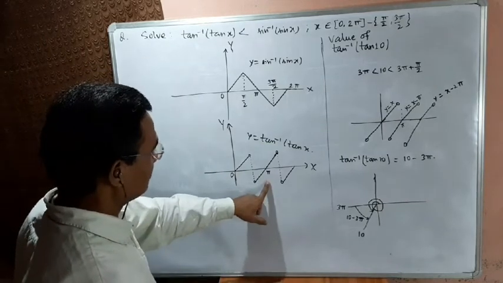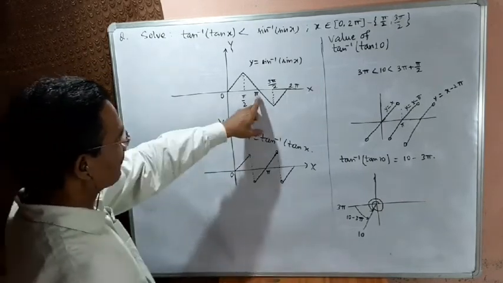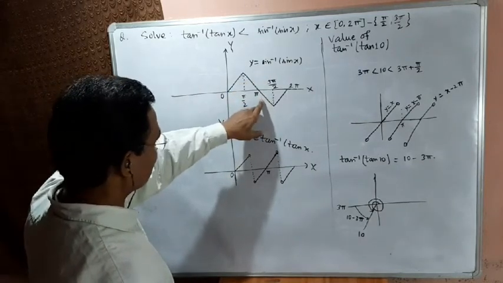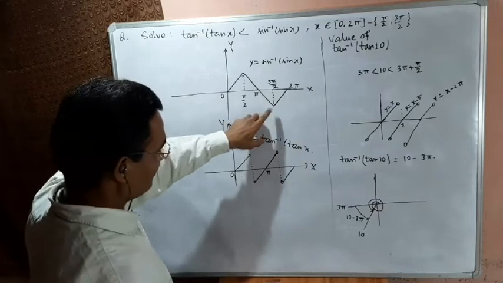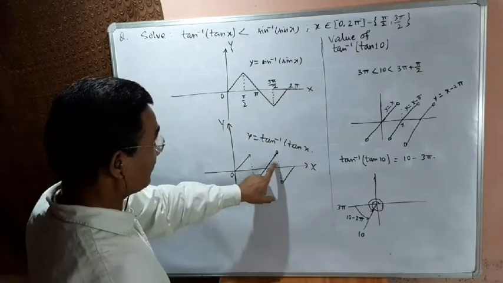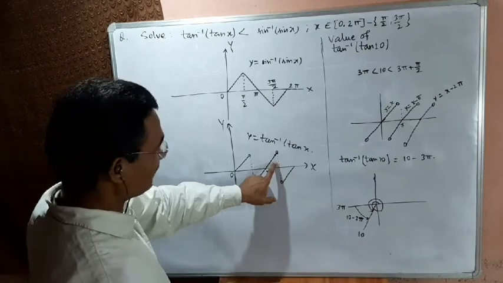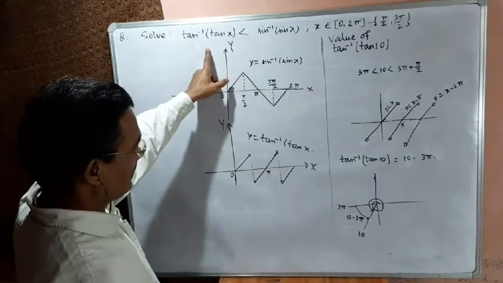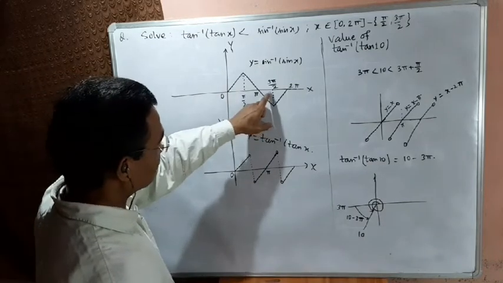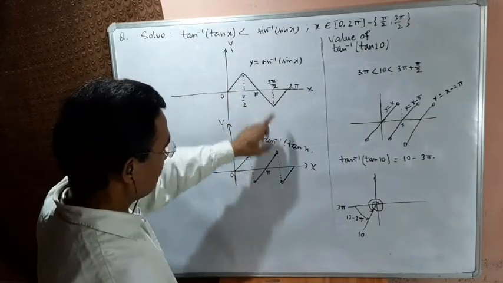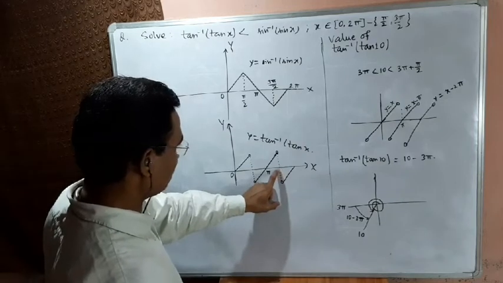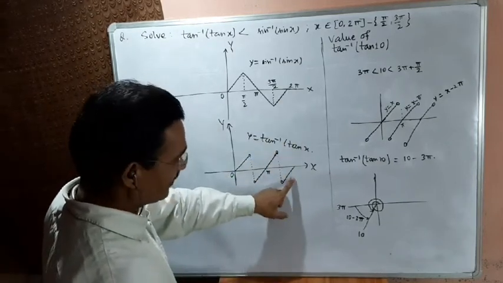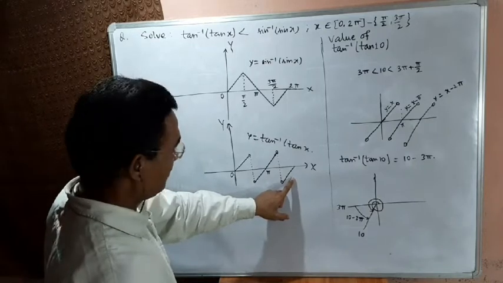After pi, you may see sin inverse of sin x is below the x-axis and tan inverse of tan x is above the x-axis. Therefore, in this region, tan inverse of tan x is greater than sin inverse of sin x. And after 3 pi by 2, tan inverse x and sin inverse x coincide. It means again both are the same.